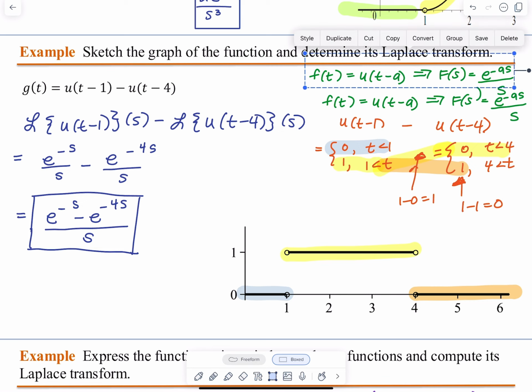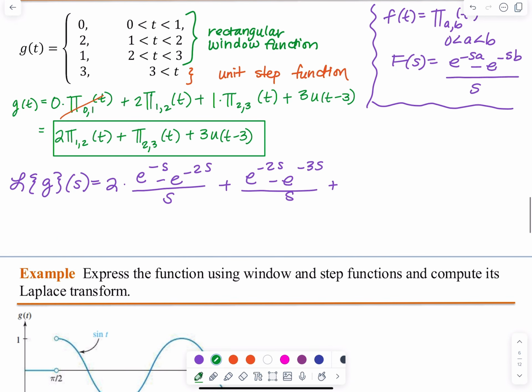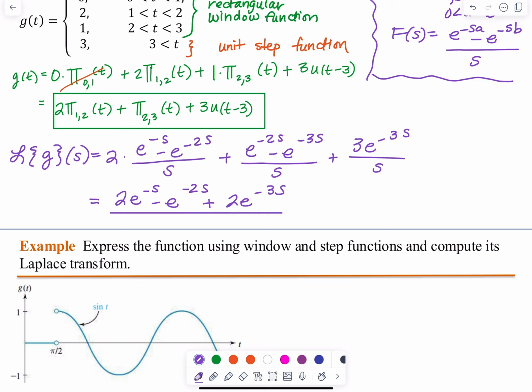So let's go ahead and find that one. And here we have 3e to the negative 3s all over s. So we can actually just place those all over our denominator s. And we have 2e to the negative s minus e to the negative 2s plus 2e to the negative 3s all over s.